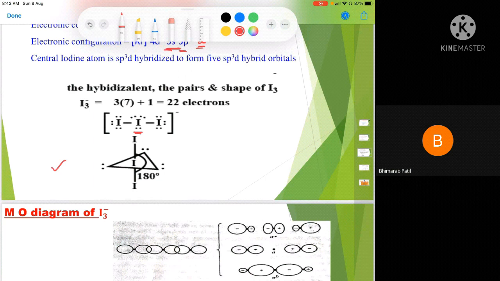Then that forms a trigonal bipyramidal structure.